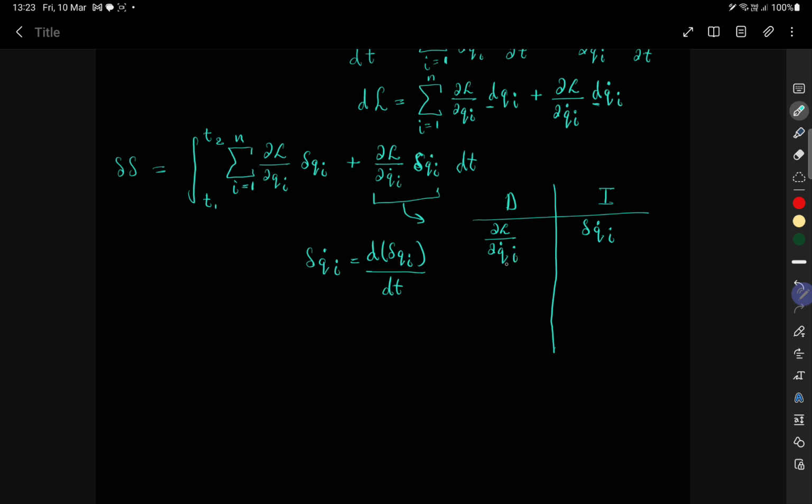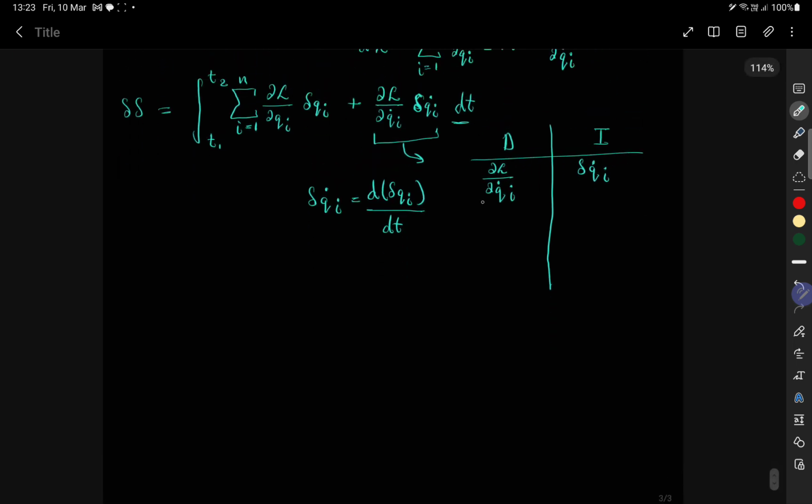Again, all the derivatives and integration right now have to be in terms of time, because that's the differential element for our integral. So the derivative of this would just obviously be d by dt of partial L by partial q dot i. And this would just be delta qi, because this is the derivative with respect to time of delta qi.